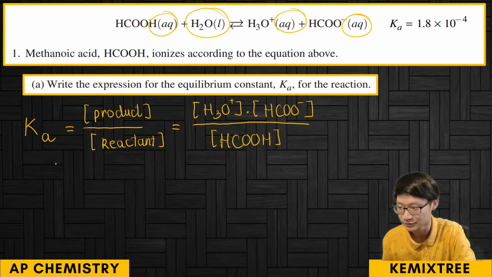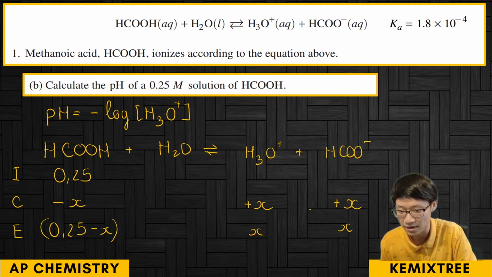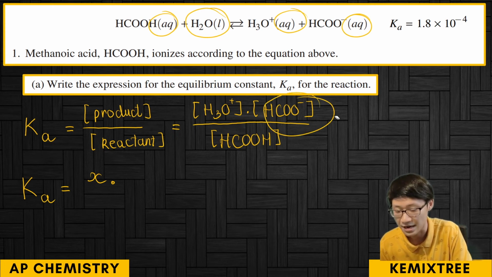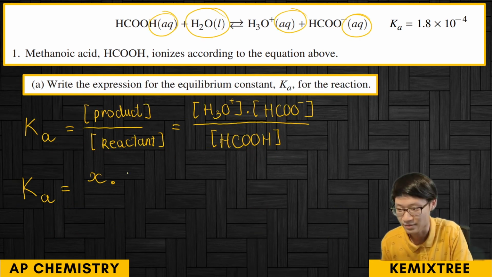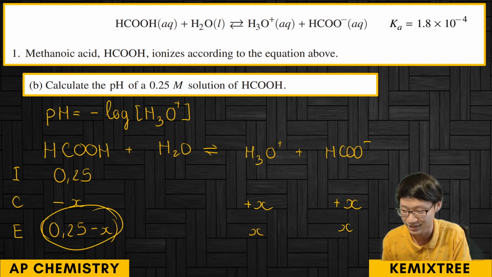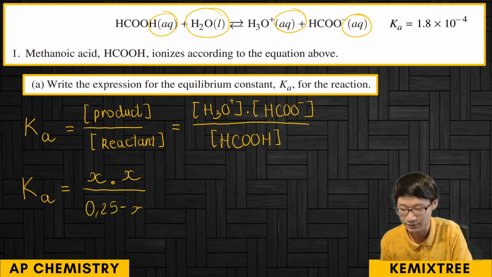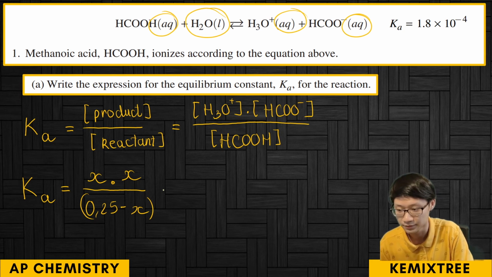Ka is equal to hydronium ion, which is X, times formate ion, which is also X, divided by the concentration of formic acid, which is 0.25 minus X. Ka equals 1.8 times 10 to the power of negative 4.